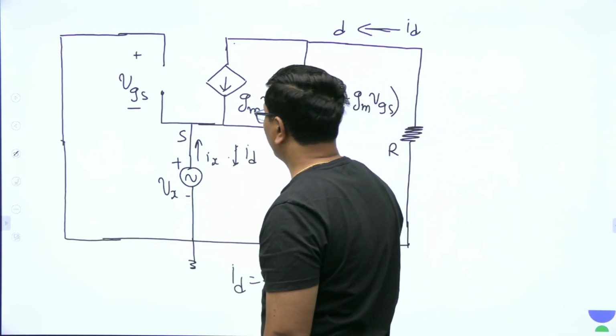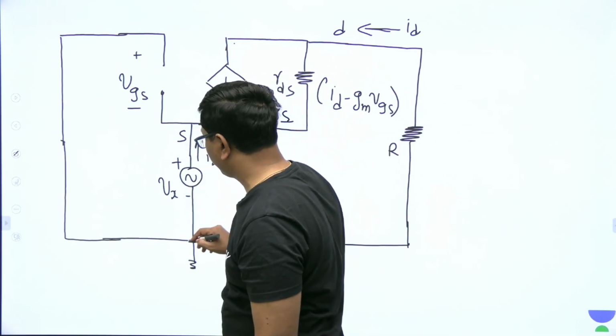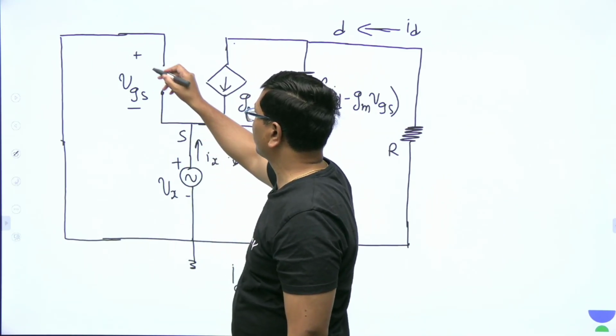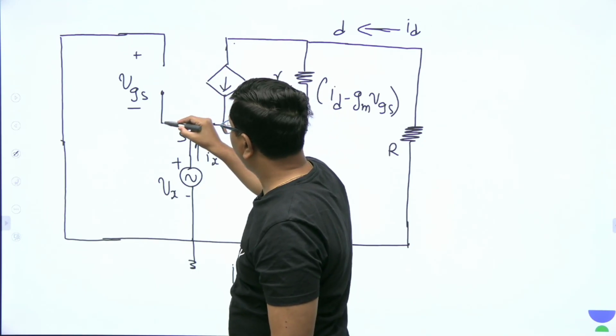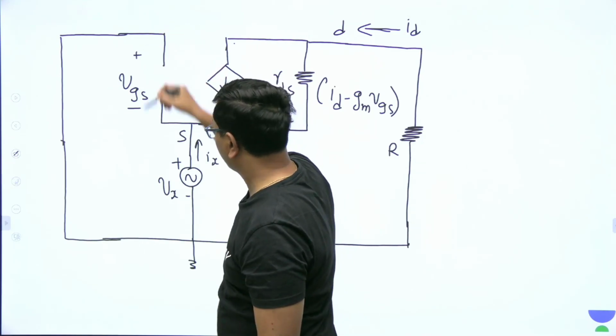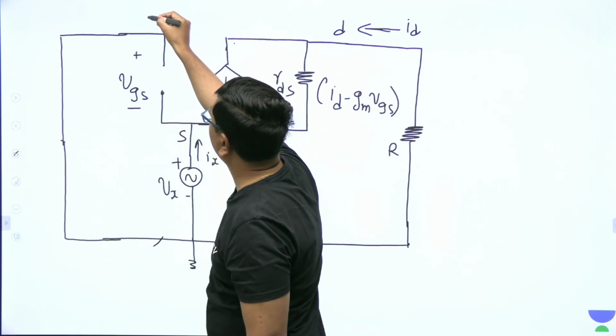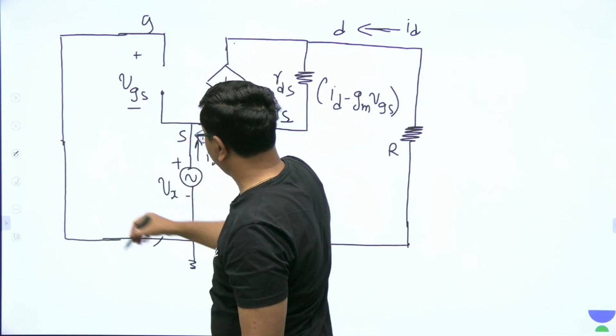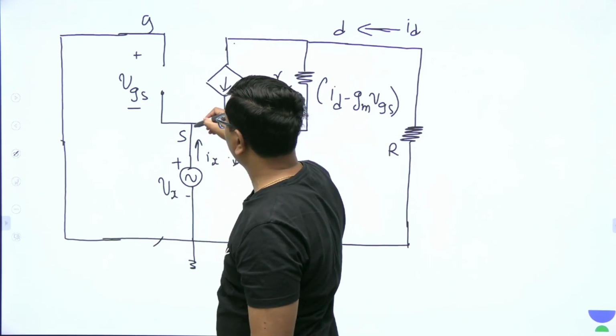Next, one more thing: Vx means the voltage at this point with respect to ground. And what about VGS? One end of Vx is here and the other end is connected to ground. Ground is connected to the gate only. Gate and ground are the same, and the source is here.